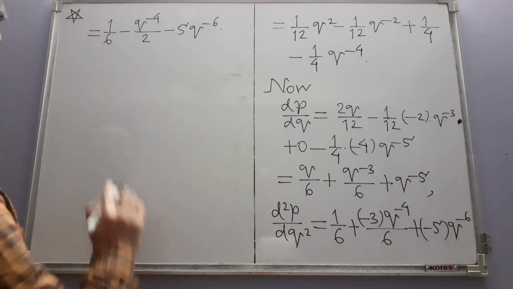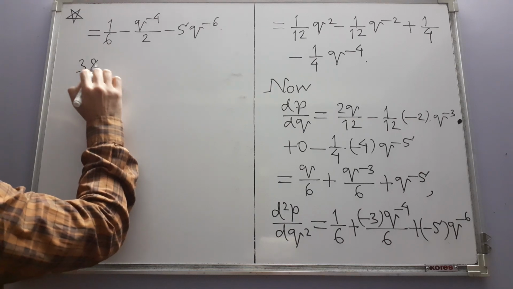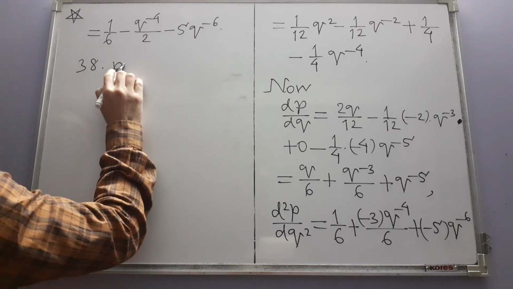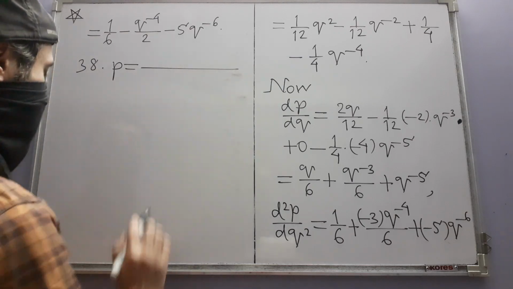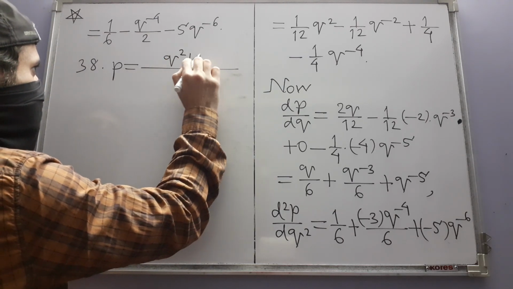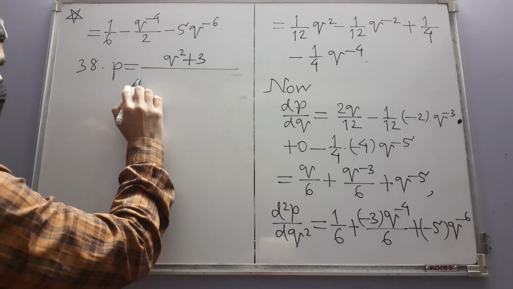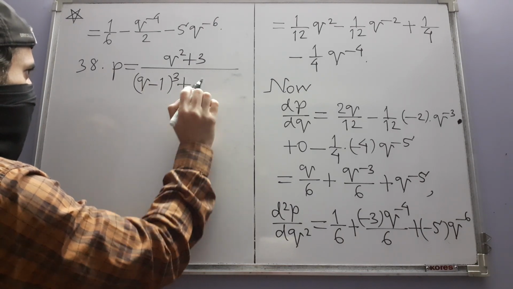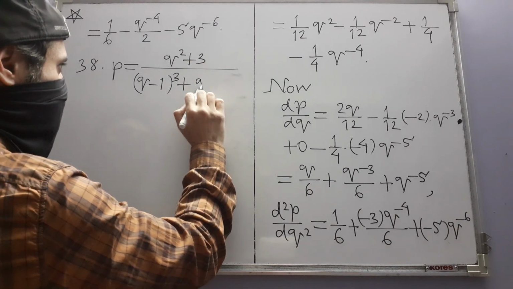And finally we have 38, again p and q. The numerator is q square plus 3 and the denominator is this.